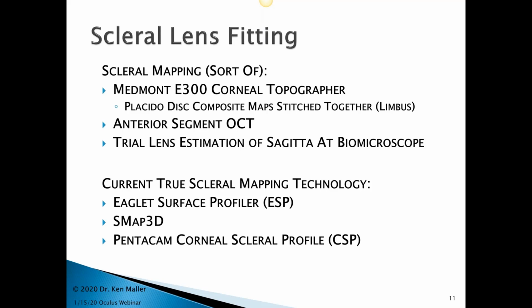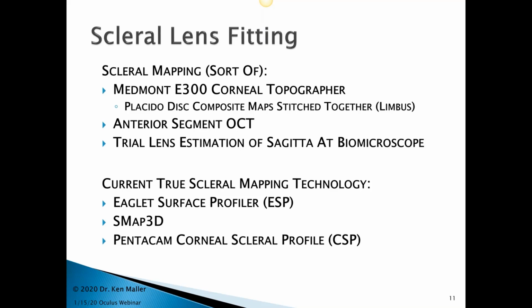It's a fantastic machine, and has the ability to take these composite maps and stitch them together, but it really does end at the limbus, and so past the limbus, you still really have to extrapolate out what you think the lens is going to need so that you can get that to match up with whatever's going on onto the sclera. Do not be misled into thinking that whatever's going on the cornea will just continue out on the sclera. They really are two entirely different entities, and often they don't even look like they come from the same eye.